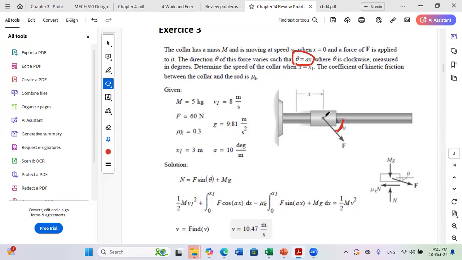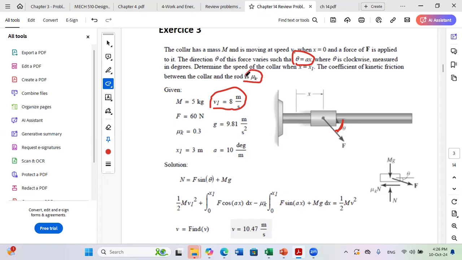Okay. So in this problem, we have a block that is starting with a speed v1. So it has an initial speed, so the initial kinetic energy is not zero. And we displace it a certain distance, and we want to determine the final speed. And they said that the rod is not smooth and we have a kinetic friction coefficient mu k.